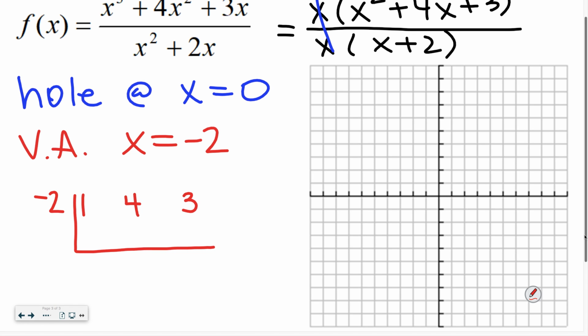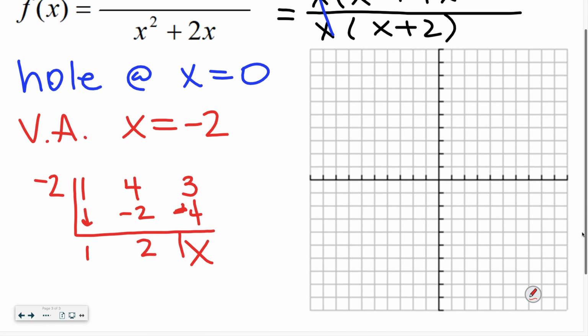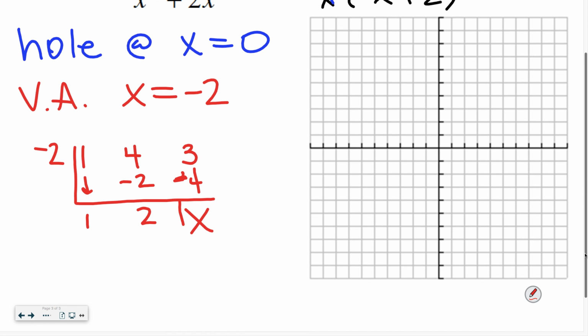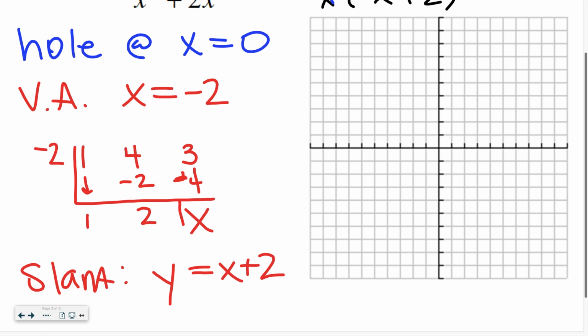Uh-huh. Since it wasn't a number, it counts. So then, we'll do our synthetic division. Okay. So here's our division. I don't care about the remainder. What we care about is our quotient. So our slant asymptote is at y equals x plus 2.